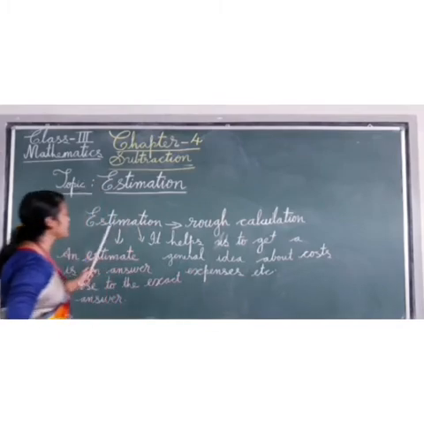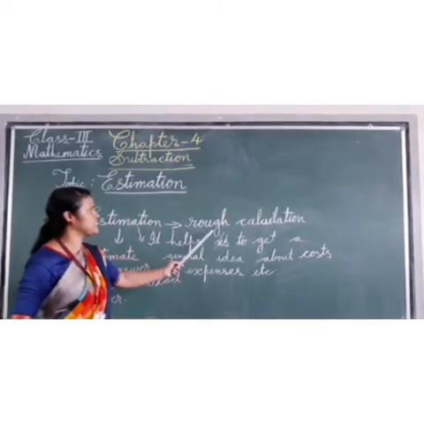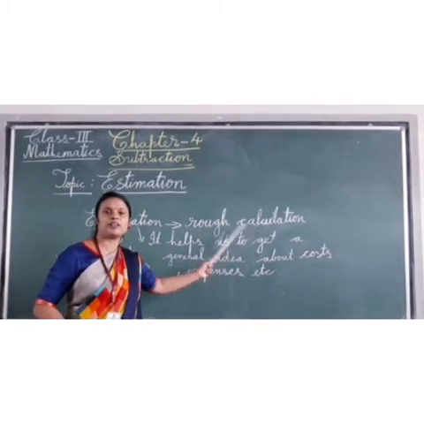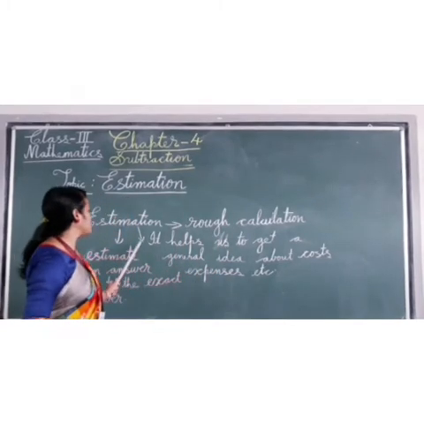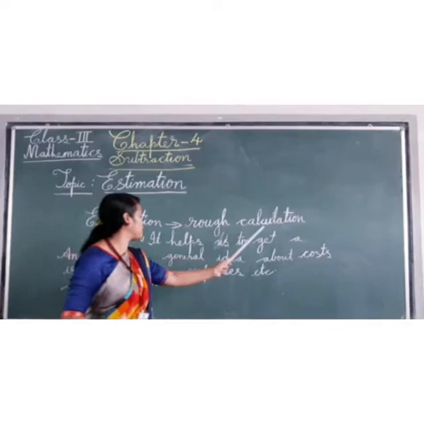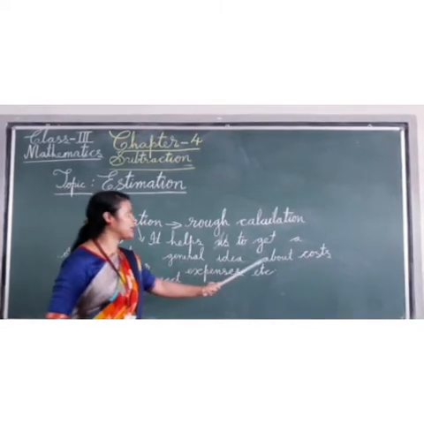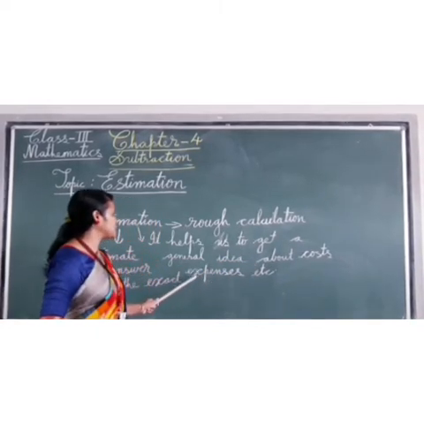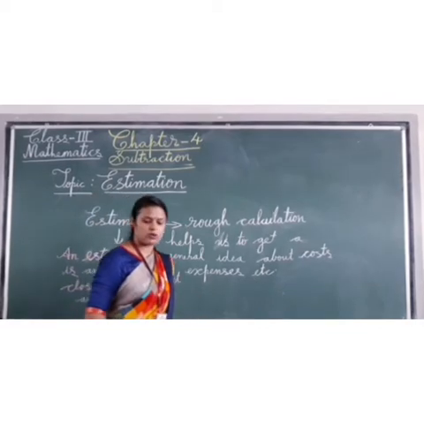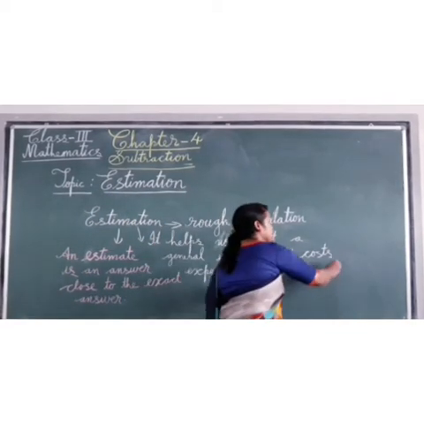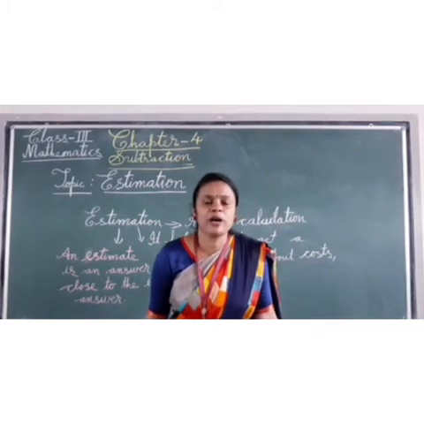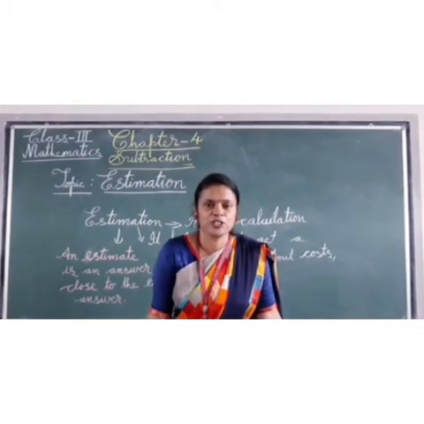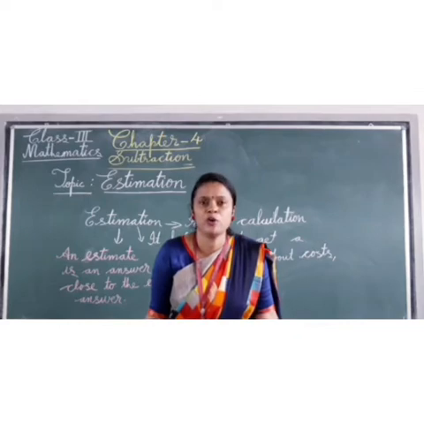Estimation is a rough calculation, and it also helps us to get a general idea about cost, expenses, etc. Just imagine your parents are going to buy a new fridge.